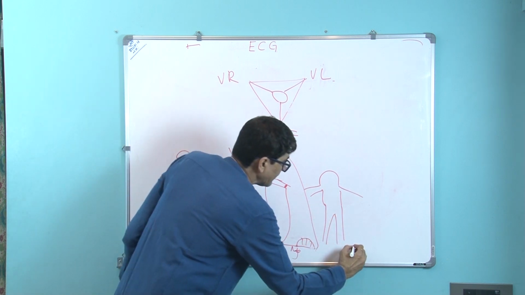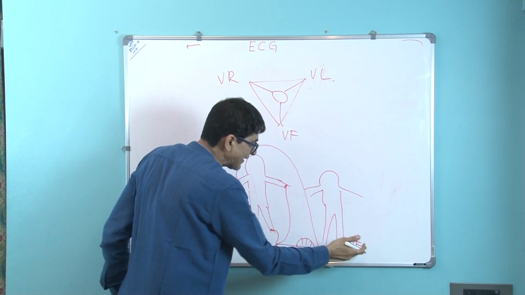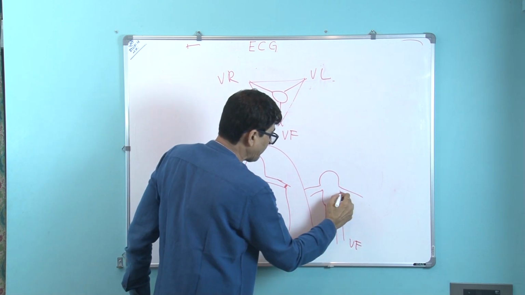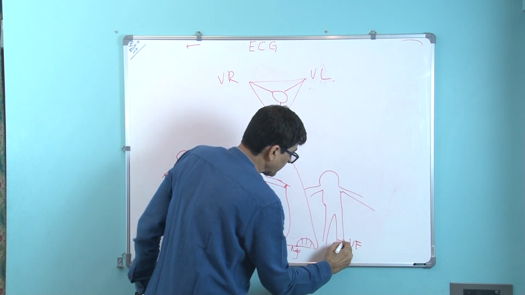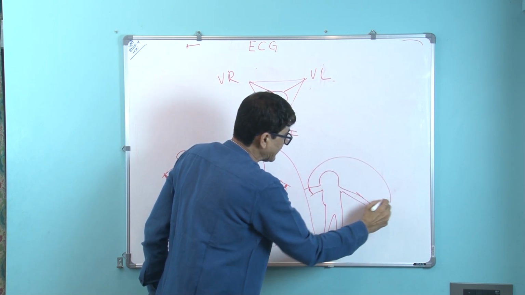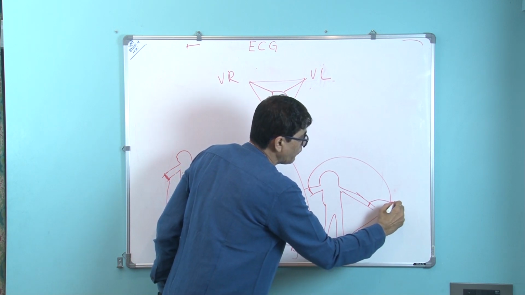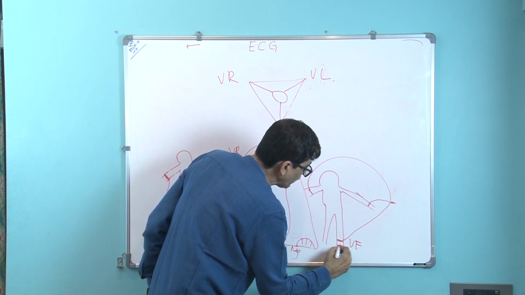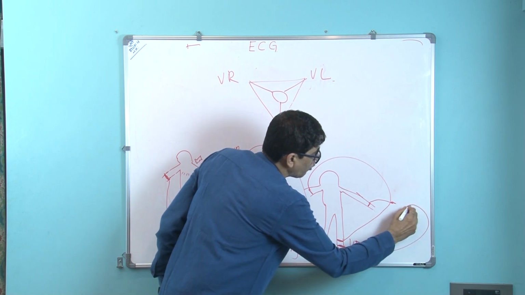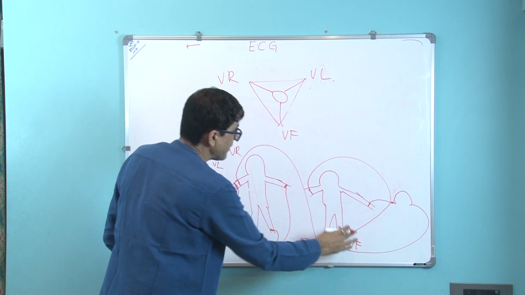And VF, foot or leg, left leg. So what happens? These 2, 3 are connected commonly, 1, 2, 3. This is the negative pole and I want to explore this, so this will go to the positive pole of the galvanometer. So this is AVF.